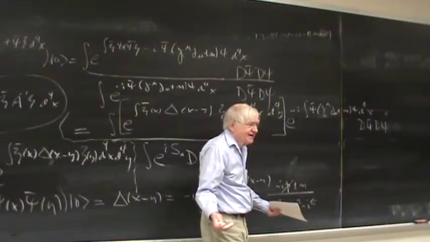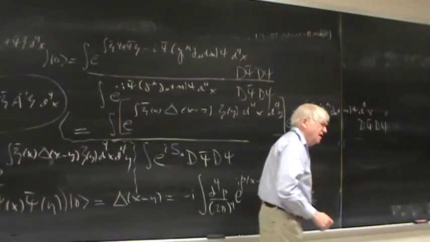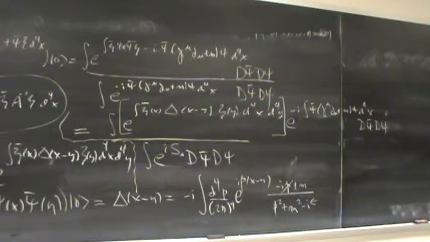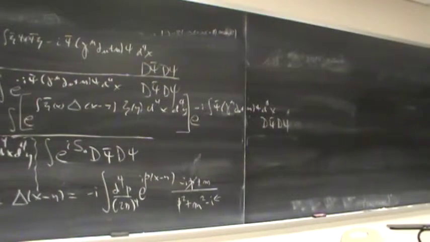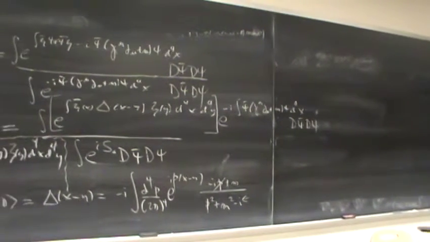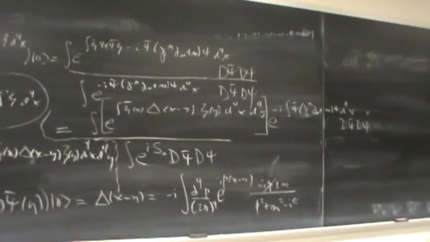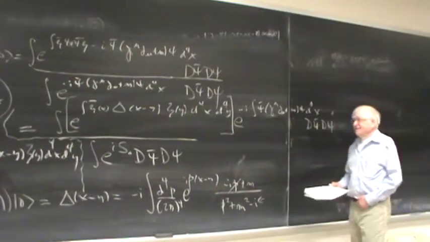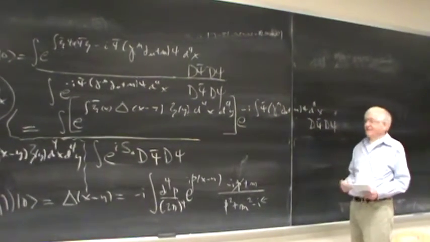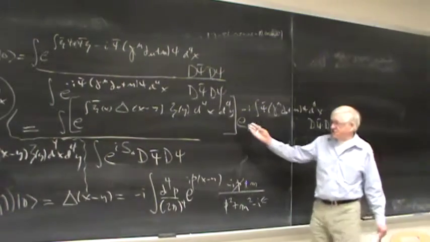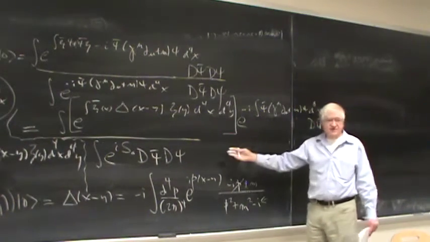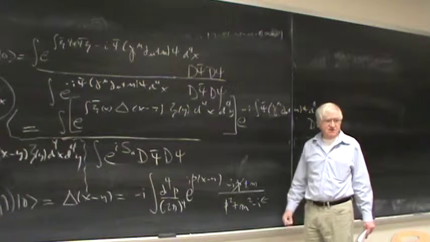They are Grassmannian variables. So we have just a number, we factor the operators out, and then the remaining functional integrals cancel.